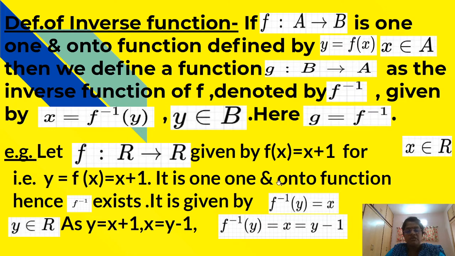It is one-one and onto function, hence f inverse exists, and it is given by f inverse of y is equal to x, where y belongs to R. As y is equal to x plus 1, x is equal to y minus 1. Therefore, f inverse of y is equal to x, which is equal to y minus 1.